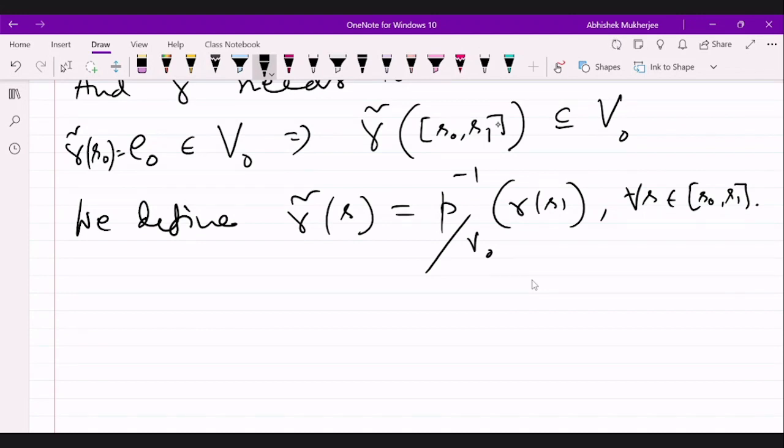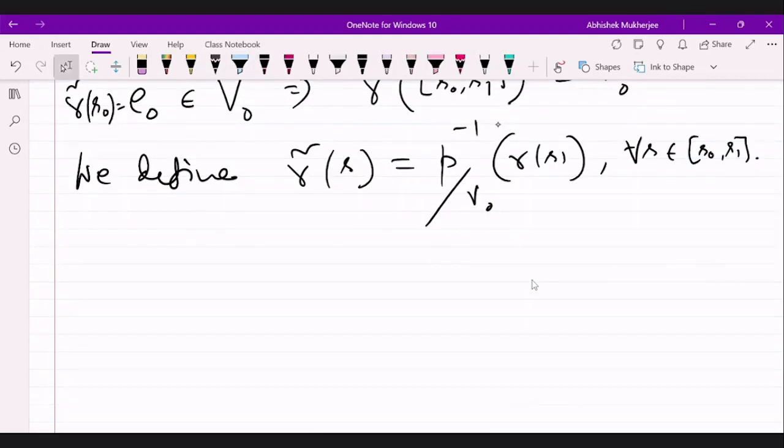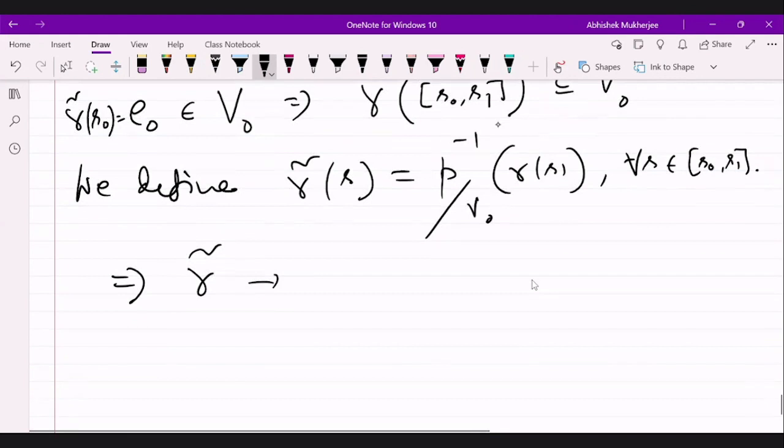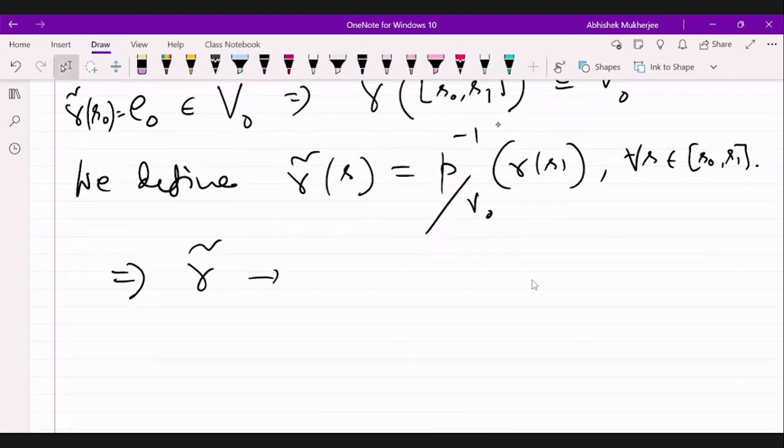And we are doing the same thing for others also. And this gamma tilde is certainly a composition of two continuous maps, right? One is gamma, and another one is P restricted to V naught inverse.